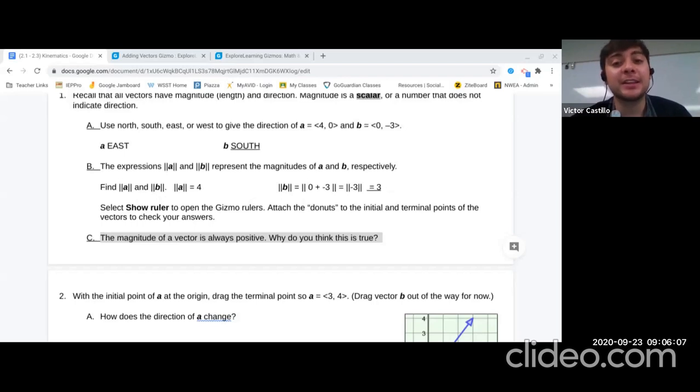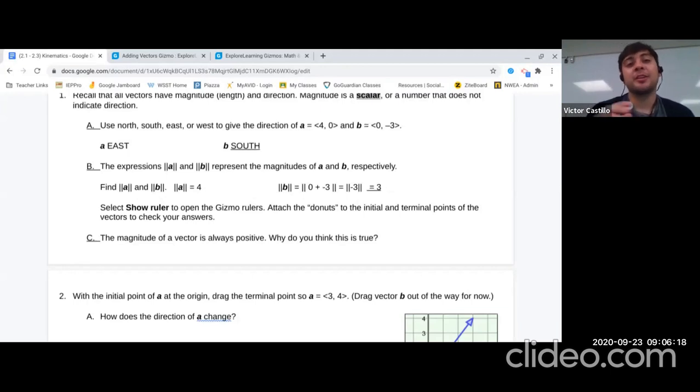So the reason it's always positive, when you go somewhere, right? Like I'm going to drive 30 miles north. You always say it as a positive number, right? 30 miles north, or take 10 steps to the left, or take 20 steps to the right. It's always a positive number. You don't say take negative 30 steps left. You don't say that, right? By default, it's always a positive number.